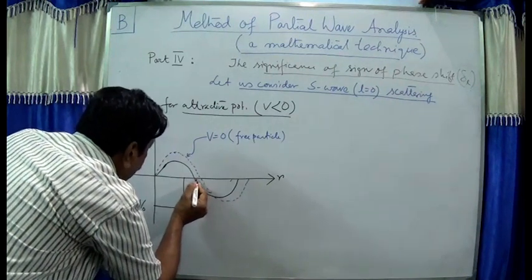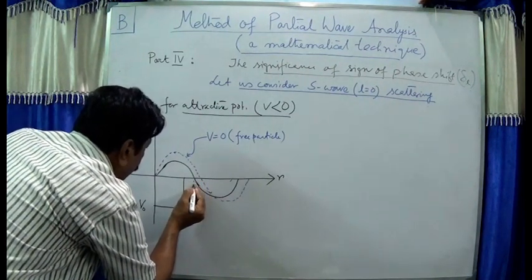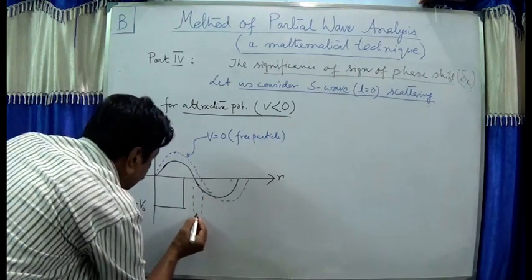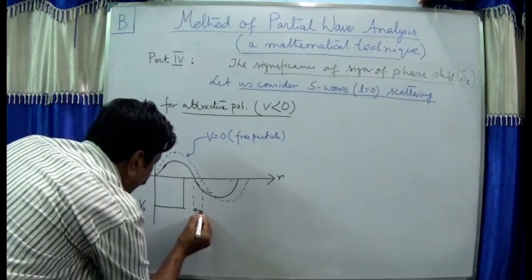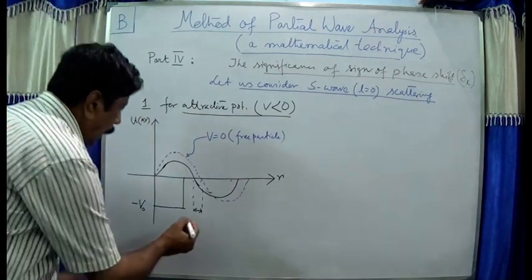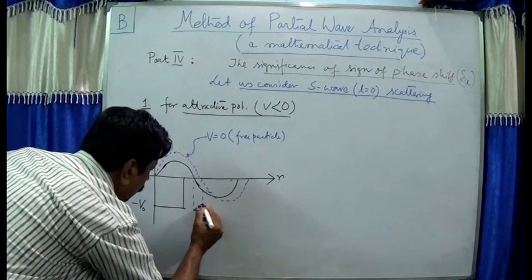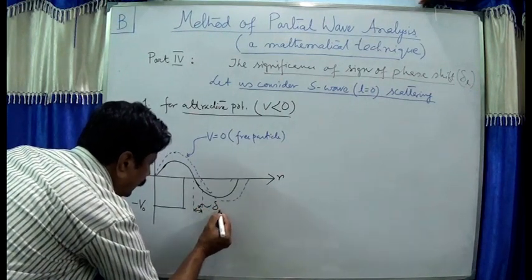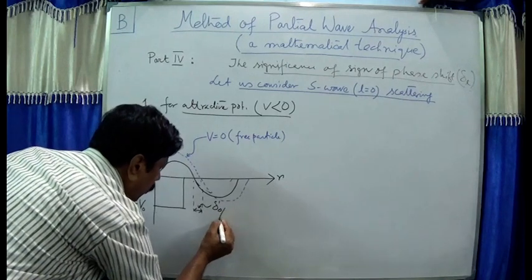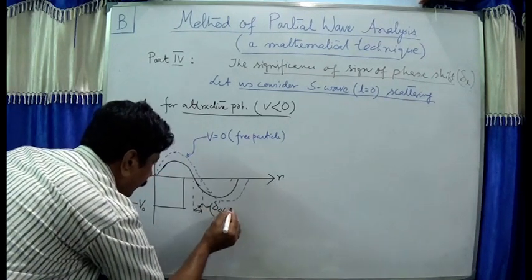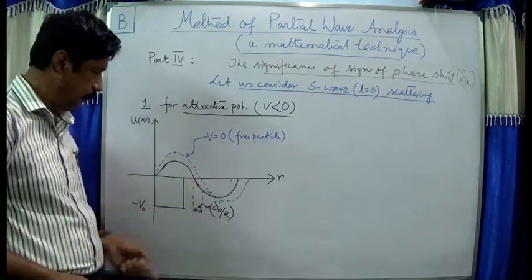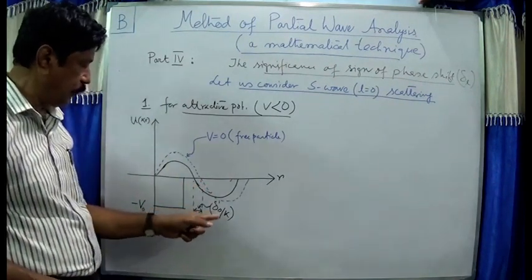So, what I like to say, that a phase change appears due to the presence of this potential. And this phase change, say it is delta 0 prime over k. If we take the length of this side, then it will be delta 0 prime by k.